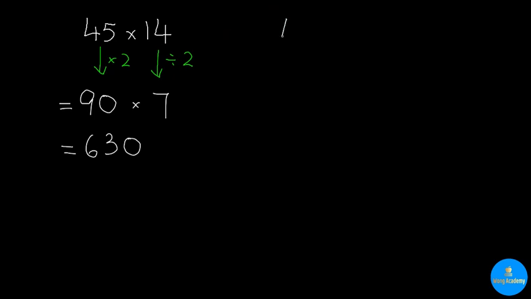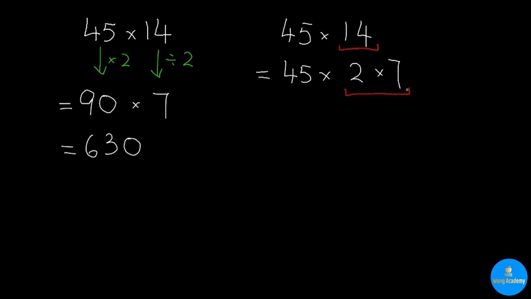The reason it works is because 14 can be split up. Instead of thinking about 14, I would rather think about this as 2 times 7. I'm not really changing anything. I'm just rewriting 14 as its own factors. This would not affect the product.